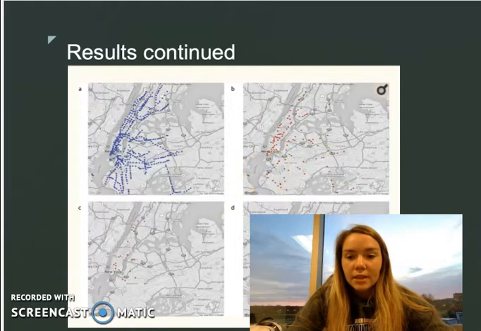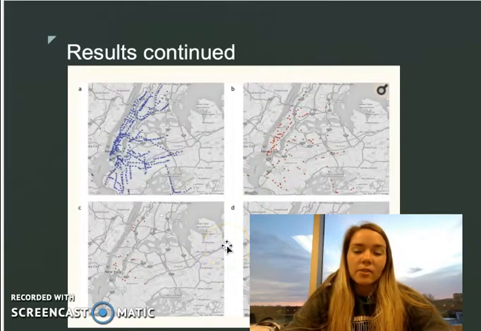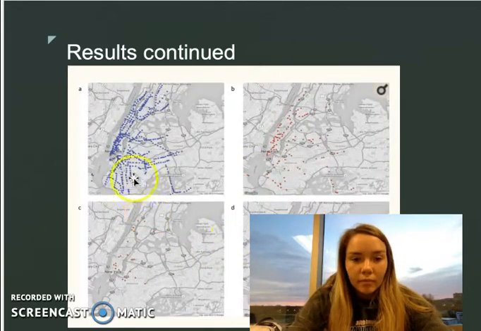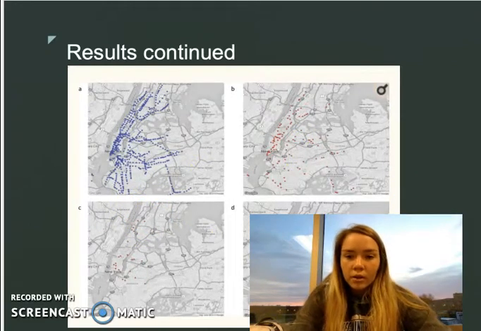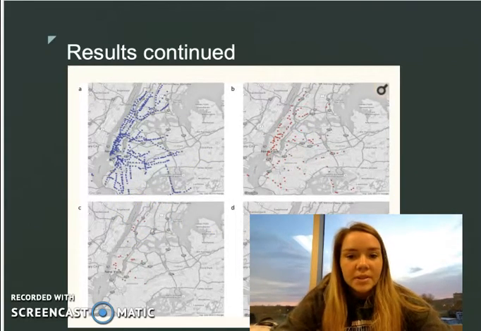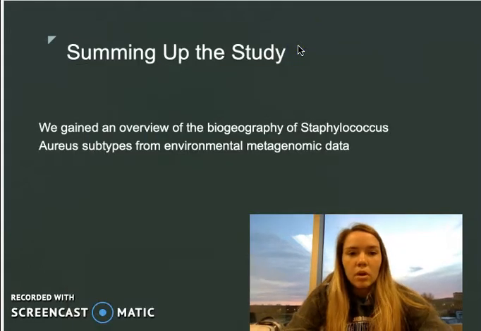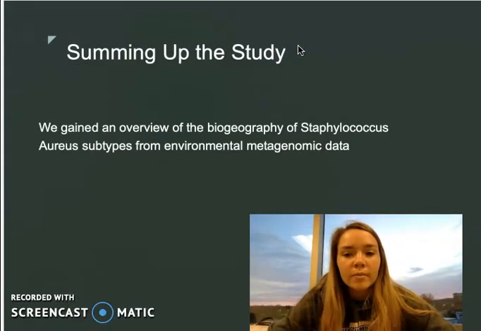And then boxes C and D in the bottom row have different subtypes of Staphylococcus aureus. From this study, we gained an overview of the biogeography of Staphylococcus aureus subtypes from environmental metagenomic data.